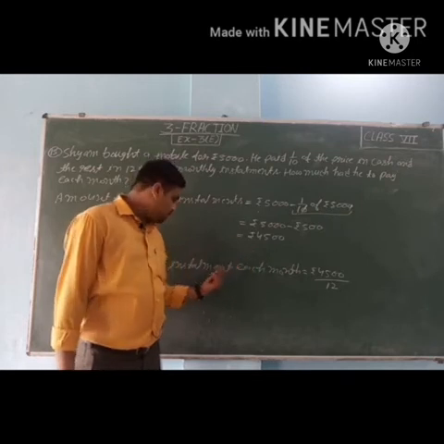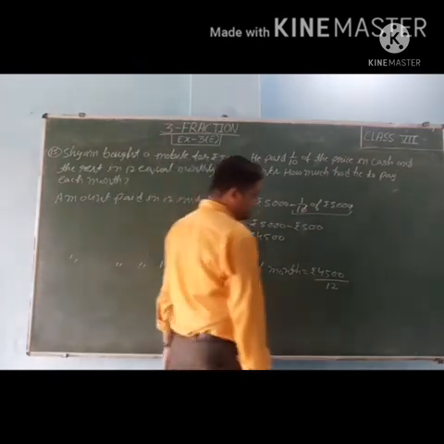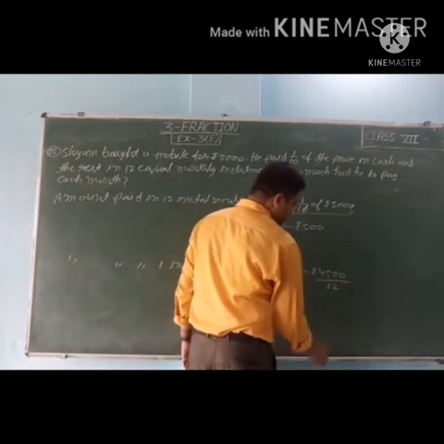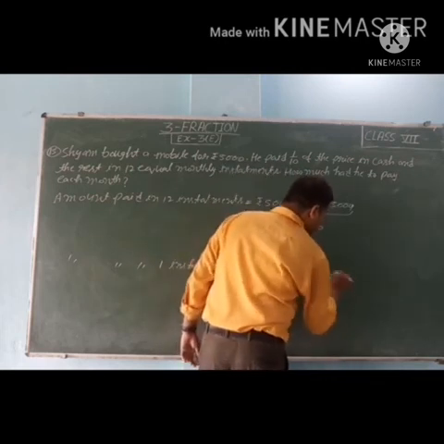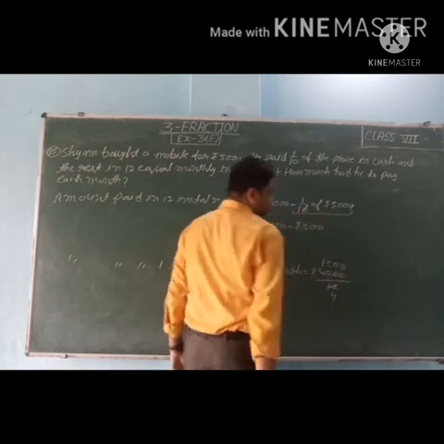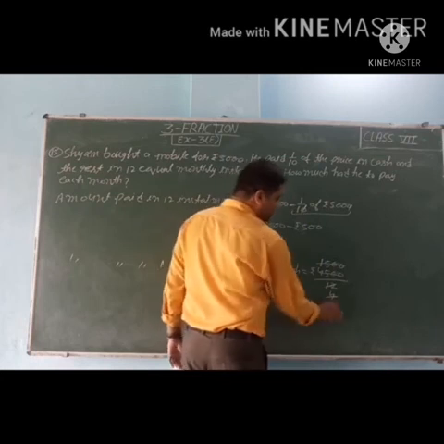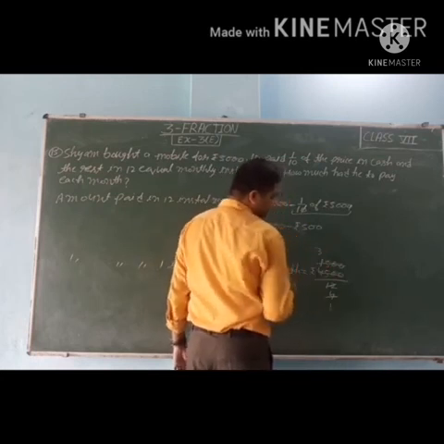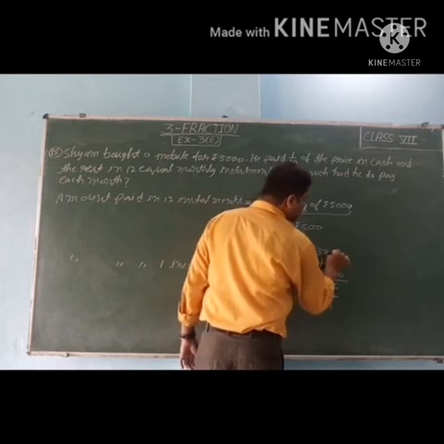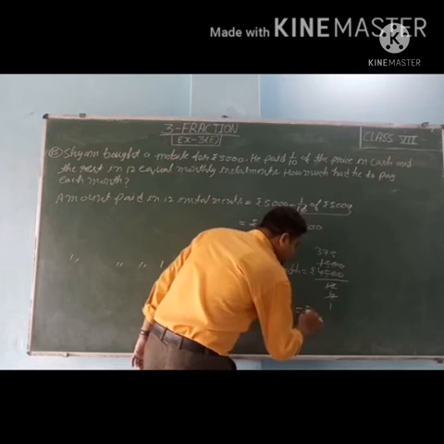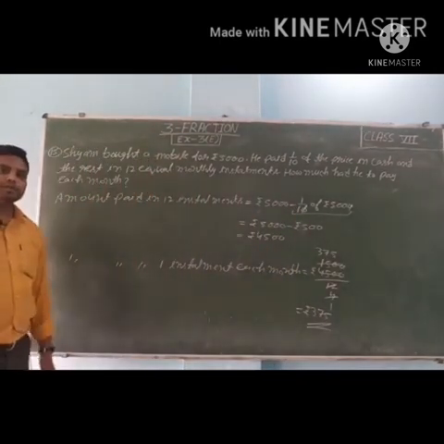So by 12, if divisible, divide it. By 4, 3, they both are divisible. 3 4s are 12, 1,500. Once again, now by 4 they are divisible. 4 1s are 4, 4 3s are 12. Remainder is 3, 30, 4 7s are 28, 4 5s are 20. So rupees 375 is the amount paid in one installment each month.